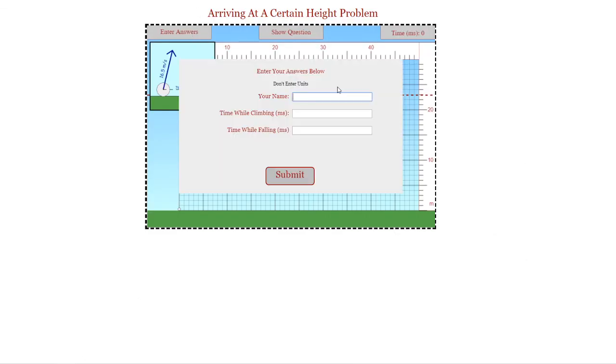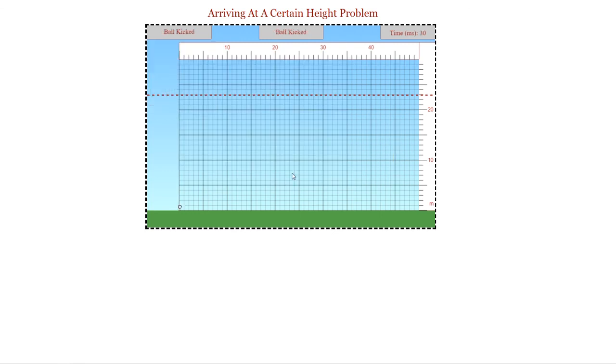Enter your name, and then enter the time while climbing, that's the T1, so 1960, and then the T2, which is 5310. Let's see how we did. The ball's going up, it's about to reach this first crossing. 1954, looking pretty good so far.